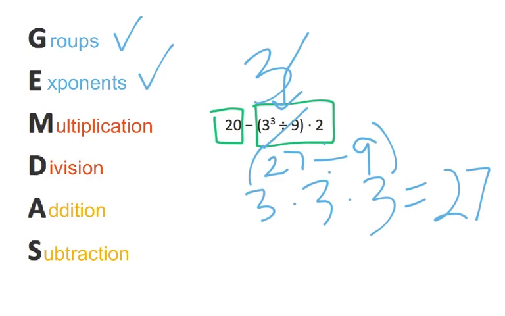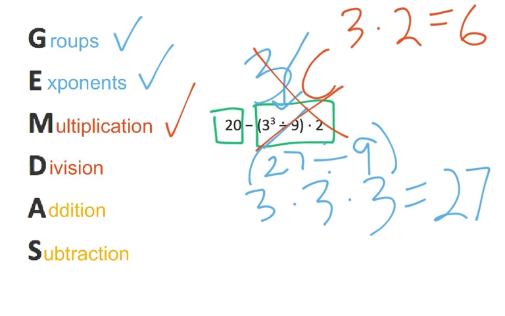Now that I've taken care of that group, I'm going to look for any multiplication and division going from left to right. Well, I really just see some multiplication there. 3 times 2 is equal to 6. So this entire term is really just a 6.